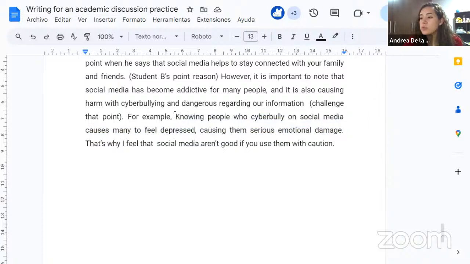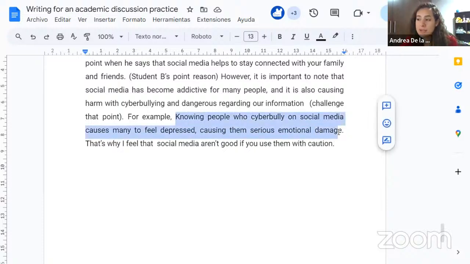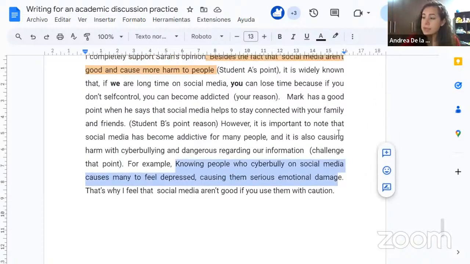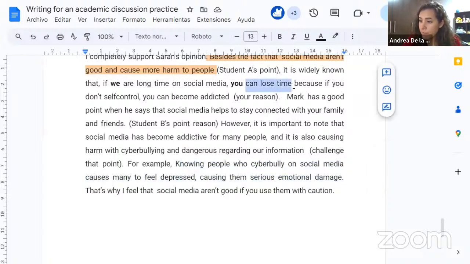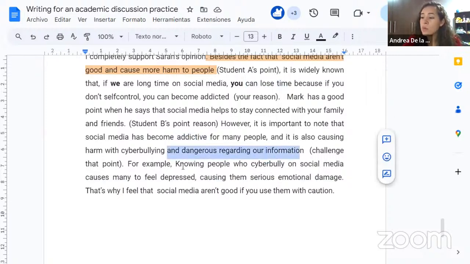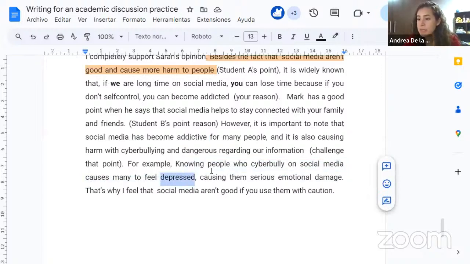So you need to try to elaborate on your own ideas, not on Sarah's ideas. Try to focus on only 1 or 2 ideas. So maybe wasting time could be one of them, and addiction could be another one, but I wouldn't include the others. And I wouldn't talk about depression because it's something that Sarah already mentioned.